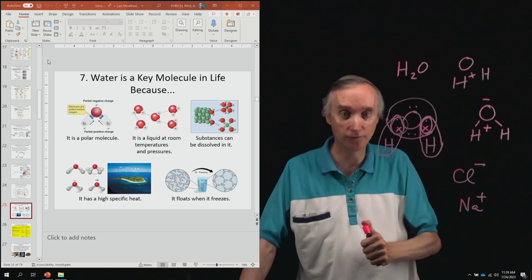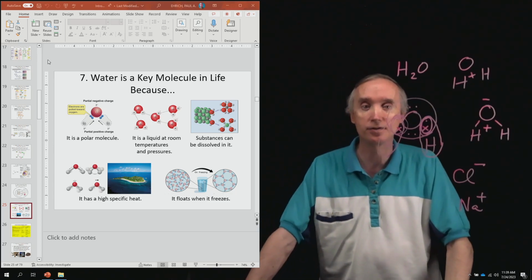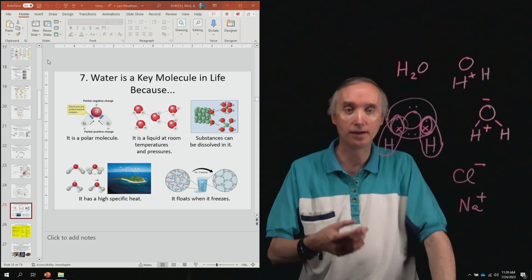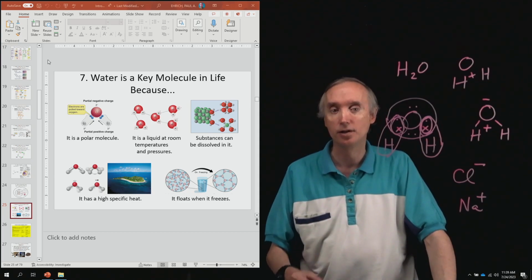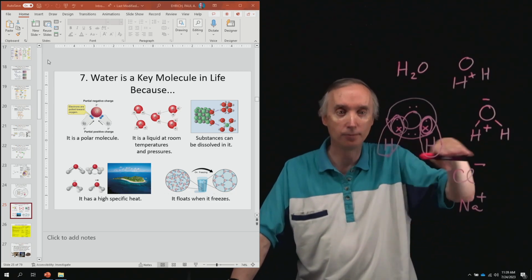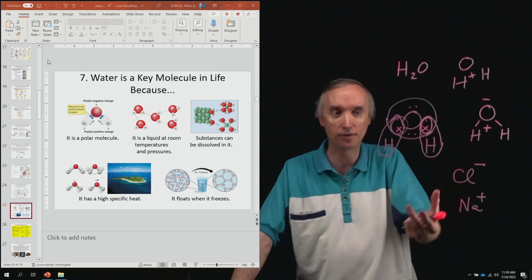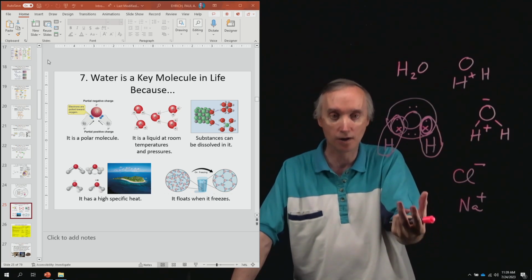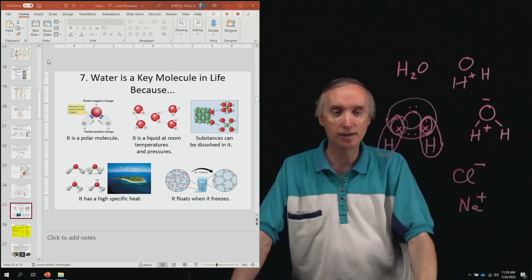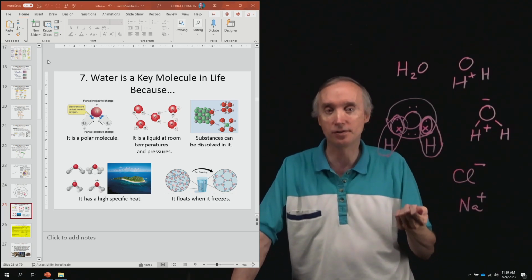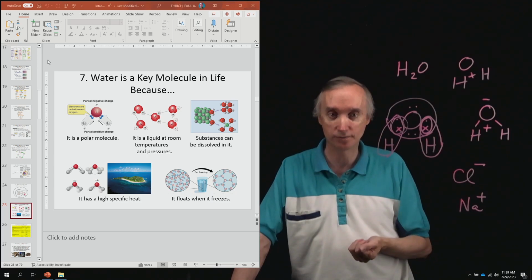And this is very, very important because let's say that you have a lake that has some fish in it, and then it gets really, really cold. So what will happen is the top layer will freeze over, and then that's about it. So the fish underneath the ice are okay. But let's say that you had a different substance that when it freezes, it became more dense.